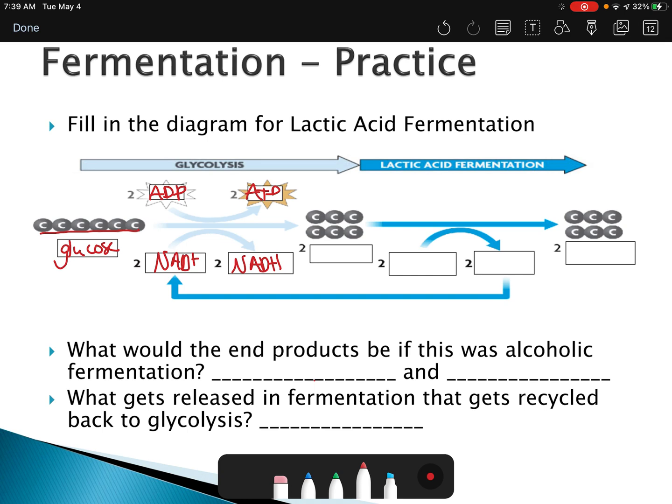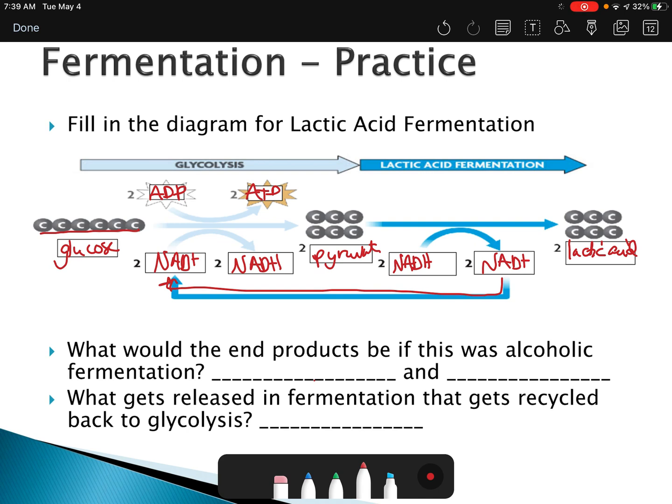But our goal is to break that glucose down into 2 pyruvate. Okay? Then we're going to use that energy from the NADH to break the pyruvate down into lactic acid. And then that NAD+ gets converted back here to glycolysis. It gets recycled back so that we can keep that cycle going.